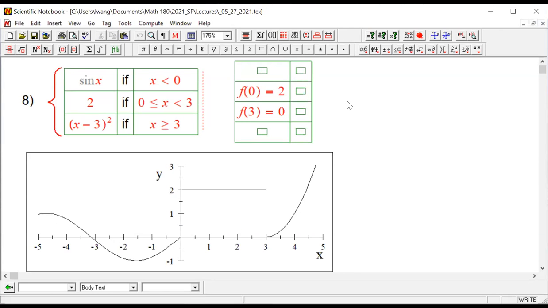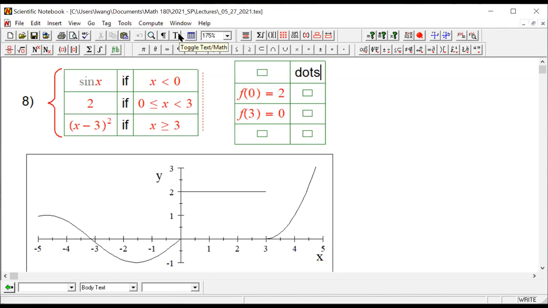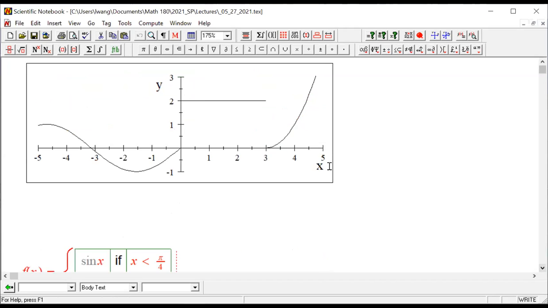Okay, the dots. I'm going to put it here on the dots. This dot is going to be (0, 2), and the other dot is (3, 0). So these are the dots.